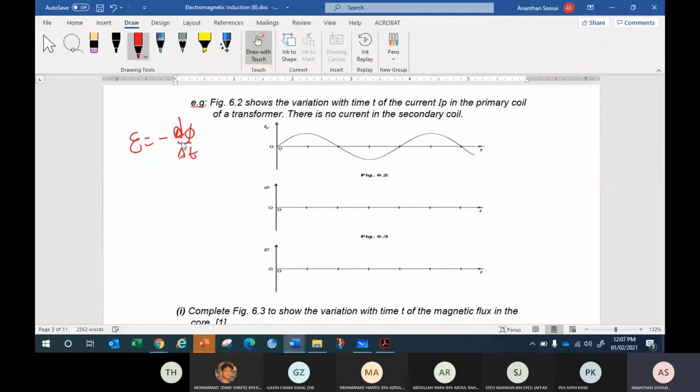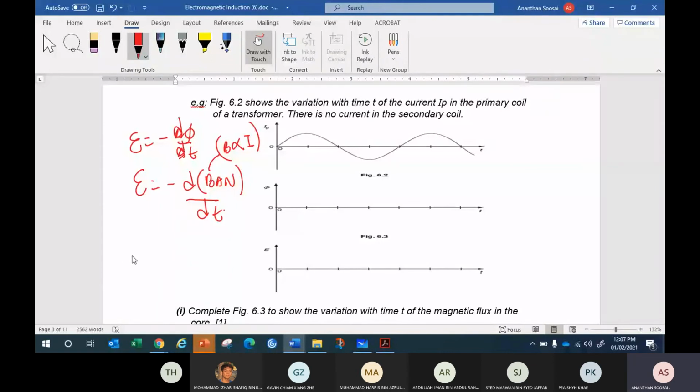I put d psi over dt, better for me. So EMF is negative d of magnetic flux linkage, which is BAN, over dt. I told you B inside is proportional to the current flowing in the electromagnet.